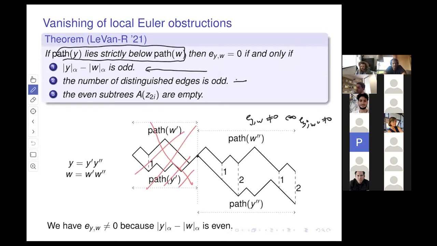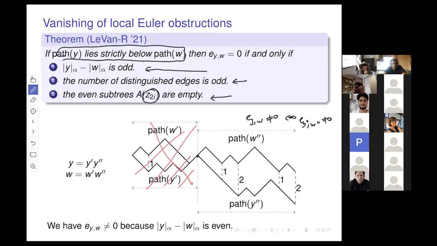You have to count the number of distinguished edges, or another way to say, the number of alphas in this decomposition of W. And then you want to make sure that the Lascoux-Schützenberger trees attached to the even words Z are in fact empty.